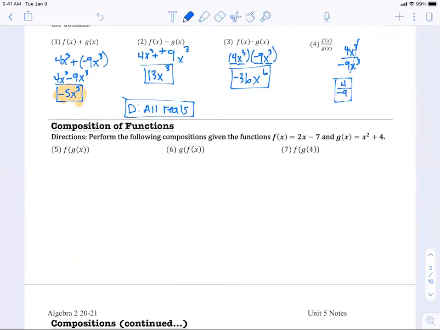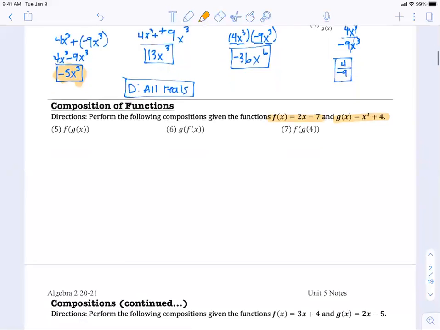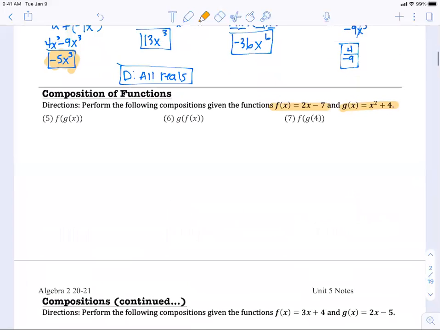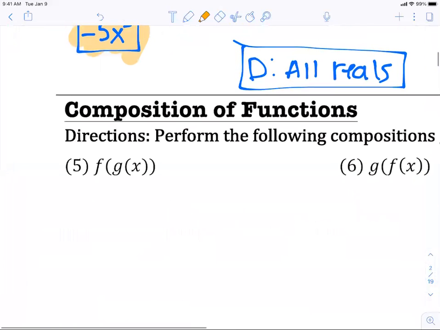Here in our examples 5 through 7, we're saying f of x equals 2x minus 7, and g of x equals x squared plus 4. So when we look down at that piece, what it's essentially asking us, for example, this one uses the second type of notation. How this is read is f of g of x. And what this literally tells us is to plug in the inside function.